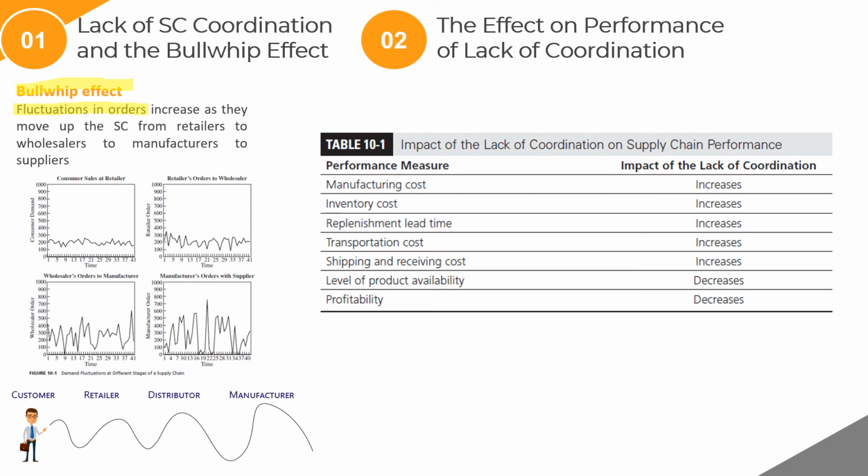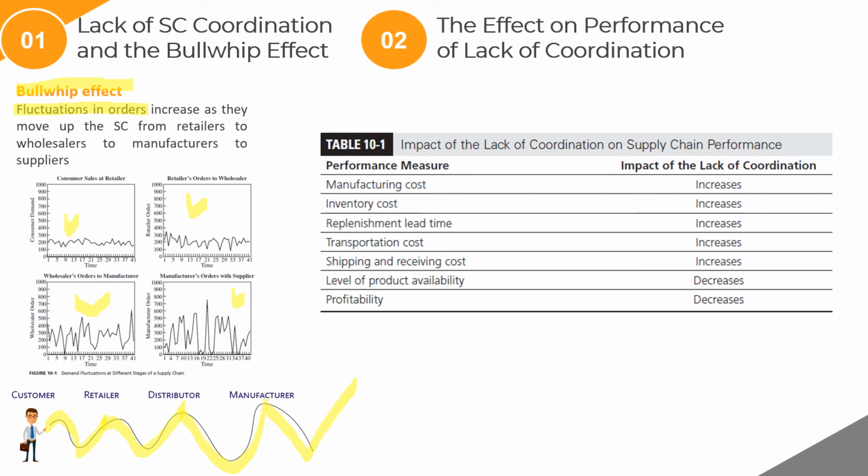So as we can see here in the figure, from customer to retailer, the fluctuation of orders is relatively small, and then when we move up from the retailer to distributor, the fluctuation is higher, and then from distributor to manufacturer, the fluctuation is even higher, and then from the manufacturer to the supplier it becomes higher still. That is the bullwhip effect.